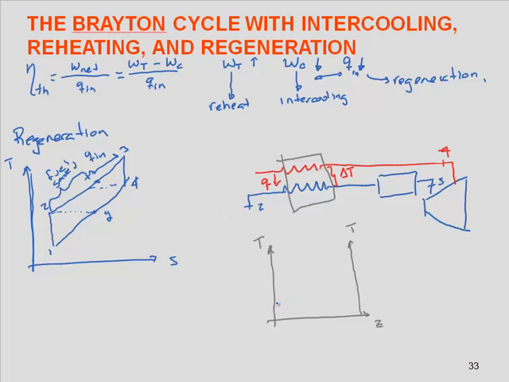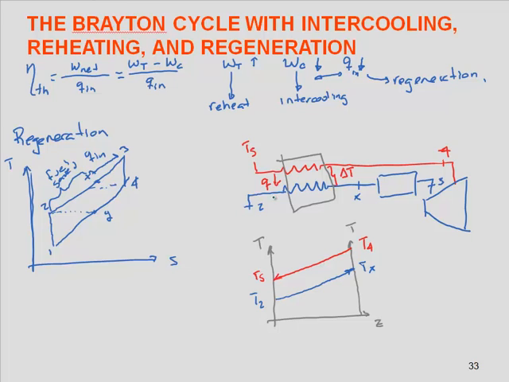One will be the cold air, it goes from T2 to a known state that I call X, this Tx, and I have the warm one that comes from T4 to state T5.